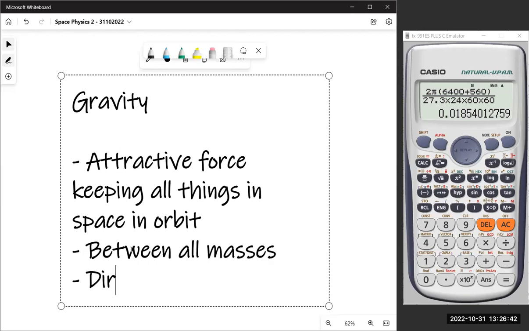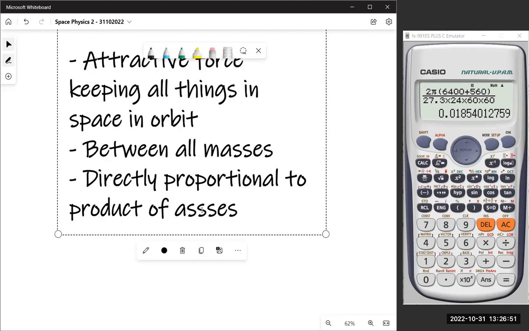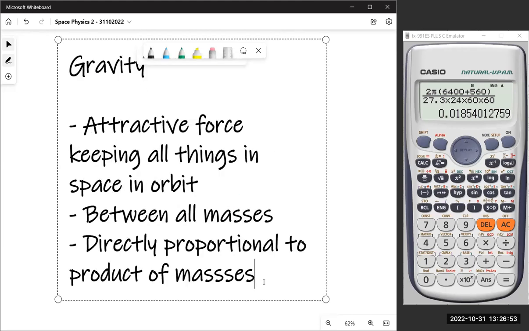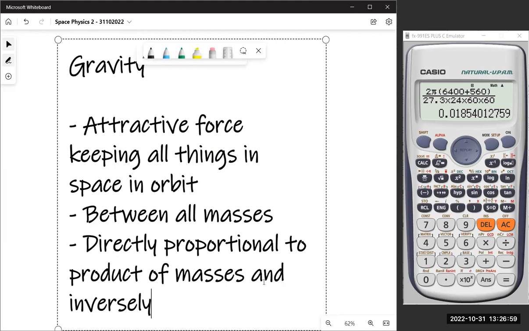directly proportional to the product of masses and inversely proportional to the square of the radius.